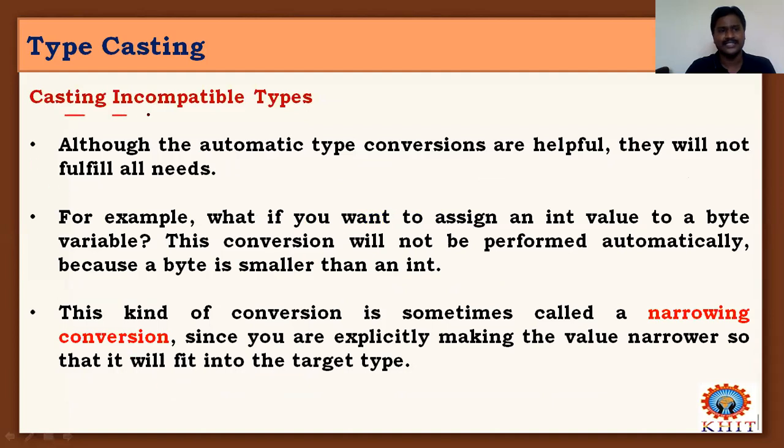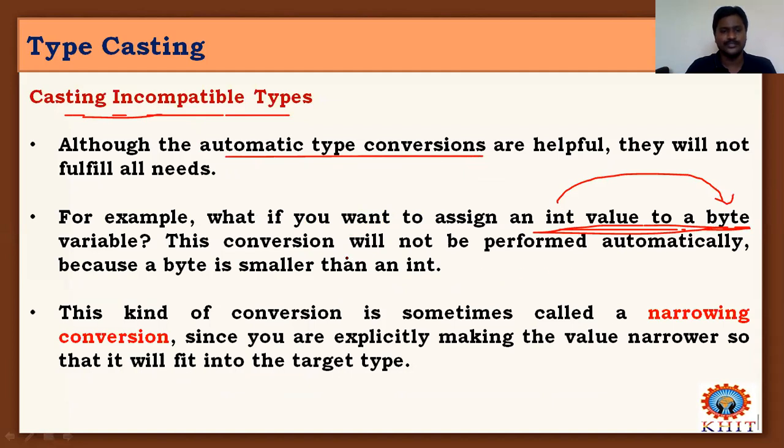And casting incompatible types. Automatic conversions are helpful for us, but they will not fulfill all the needs. It is not always possible to convert automatically. For example, if you want to assign an int value to a byte, we cannot fit this int value into a byte type variable.